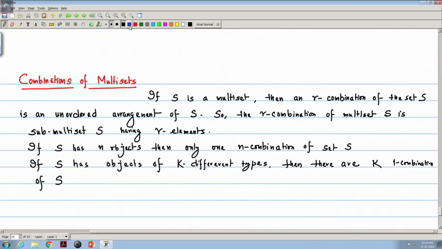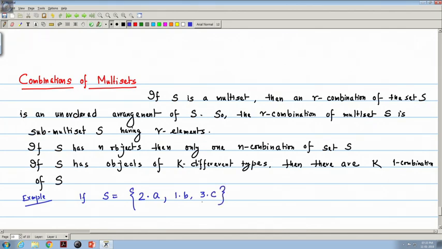So, if we illustrate with an example, say I consider a multiset S with finite repetition: A with 2 repetitions, B with 1 repetition and C with 3 repetitions.